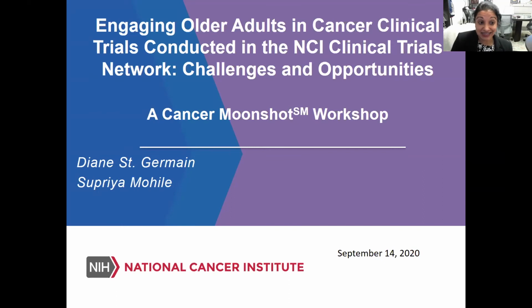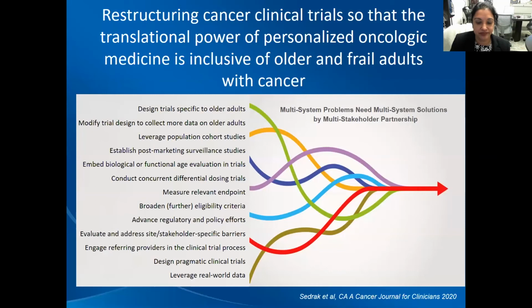And I want to thank Diane St. Germain, who started off this talk today, for an effort that she's doing with me, where she applied for funding to do a workshop to develop practical recommendations, building on all the efforts I've discussed for NIH funded trials, NCI funded trials, to really be able to improve accrual of older adults and to integrate geriatric assessment into clinical trials.